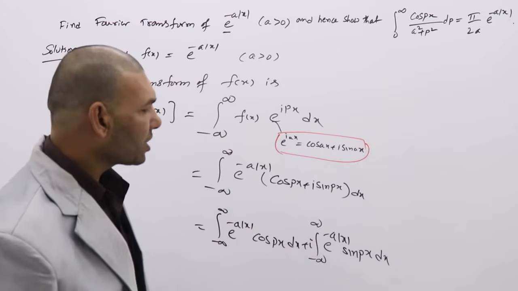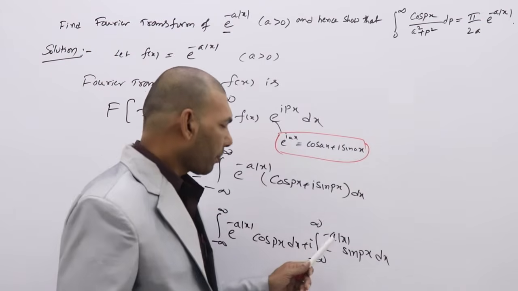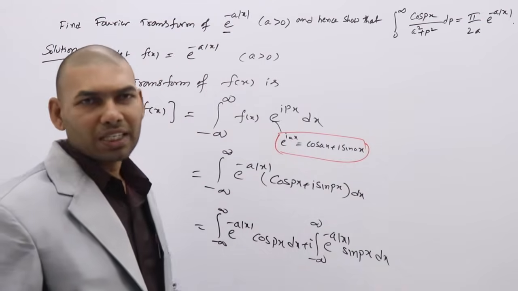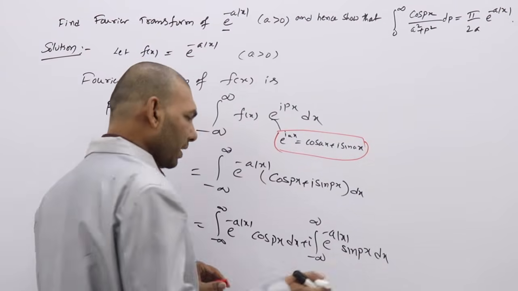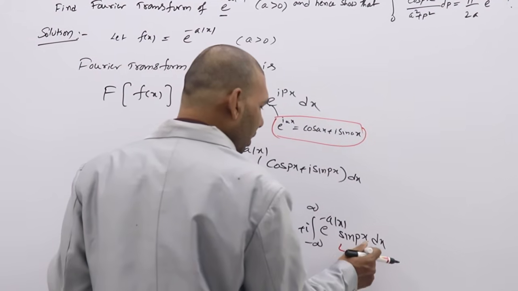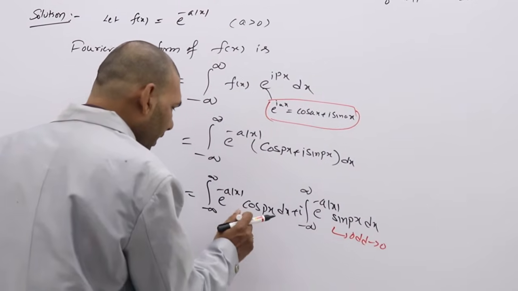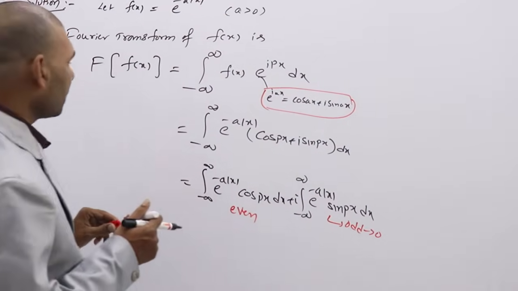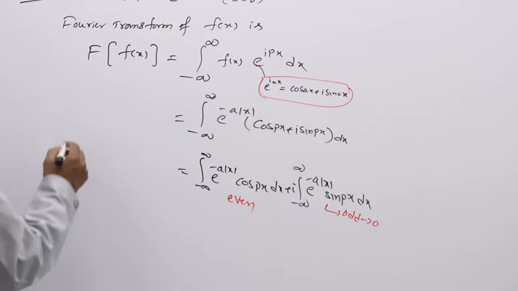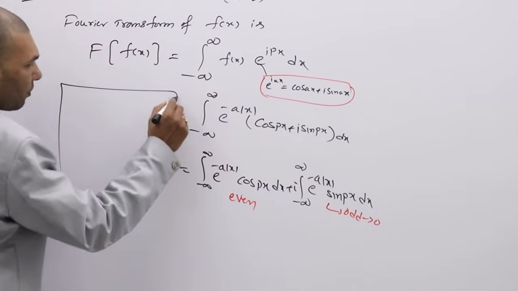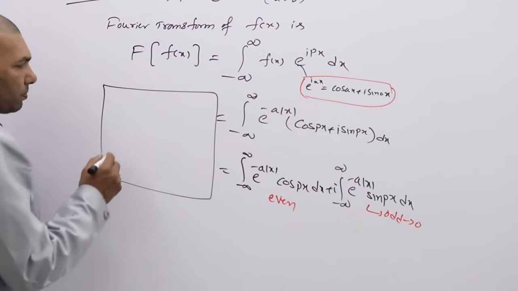We all know that cos is even, sin is odd. In integral minus a to a, if f of x is an odd function, then that integral value is 0. This is odd, this becomes 0. This is even, this is non-zero. This formula we already discussed. This is the formula I am using here.